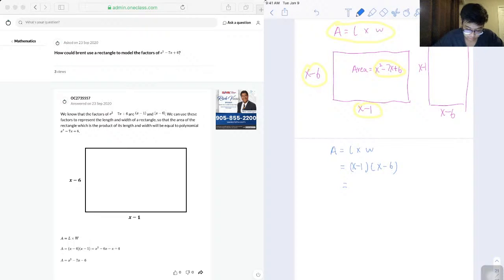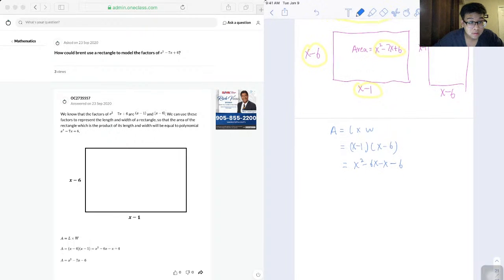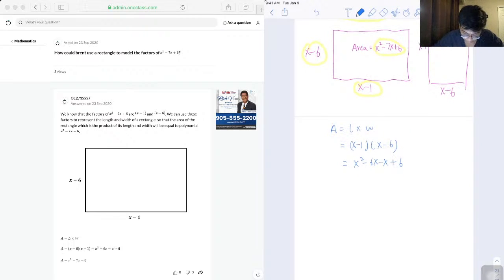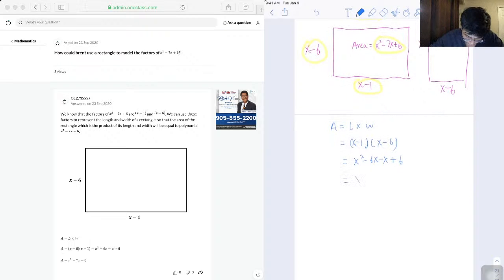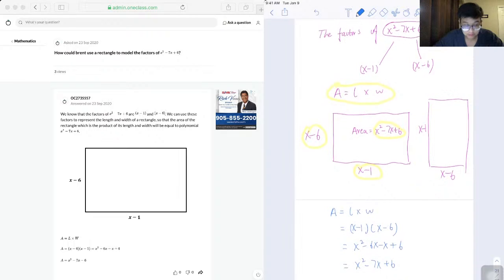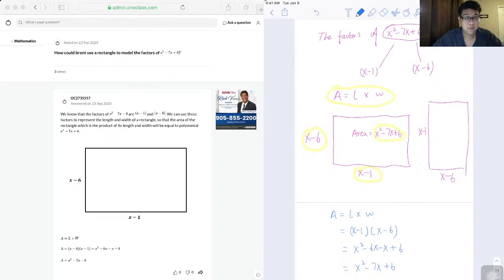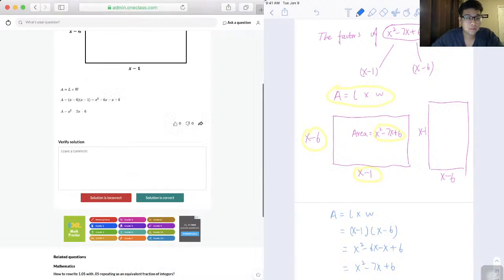And by applying the FOIL, we got x squared minus 6x minus x minus 6 plus 6. Right. So we got x squared minus 7x plus 6, which is the binomial given in the question. So that's the answer for this question.